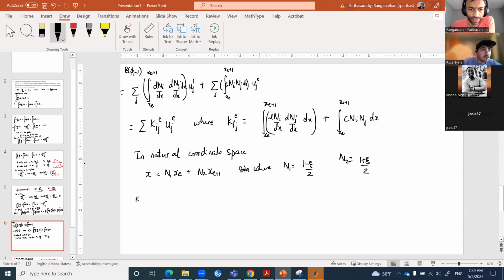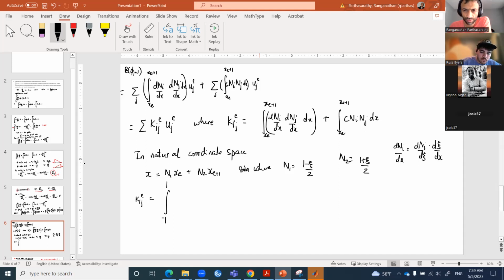So now Kij is equal to, psi goes from -1 to 1. And then we will get dNi by dx is equal to dNi by d psi times d psi by dx.